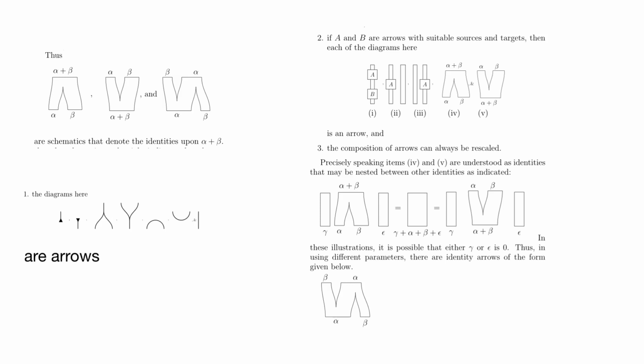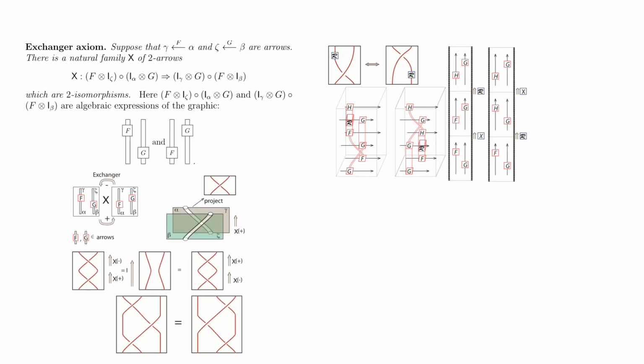So those are all arrows, and then the composition of arrows can be rescaled, and everything here can, in the next row, can be interpreted as an identity, and so that's how we form arrows.